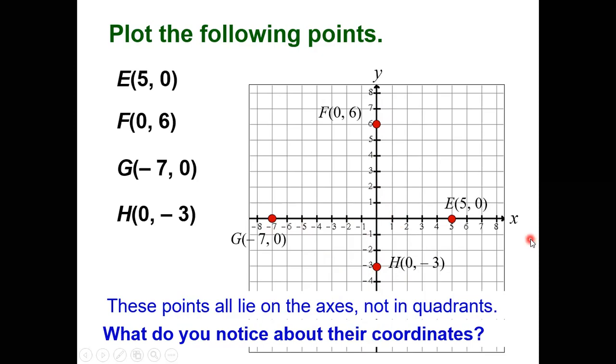If it is on the x-axis, the y-coordinate should be 0. And if the point lies on the y-axis, the x coordinate should be 0. Here you can see the x coordinate is 0 for F, and also for H the x coordinate is 0.